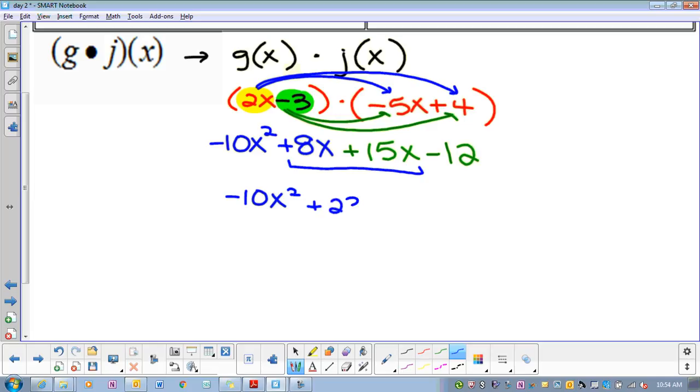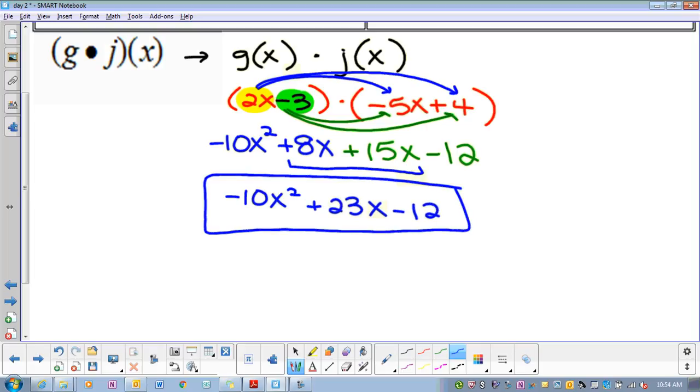Plus 23x. And then just bring down the minus 12, because you can't combine that with anything else. And then there we go. Nice, pretty trinomial. 3 terms. How's that? Pretty good lesson, right?